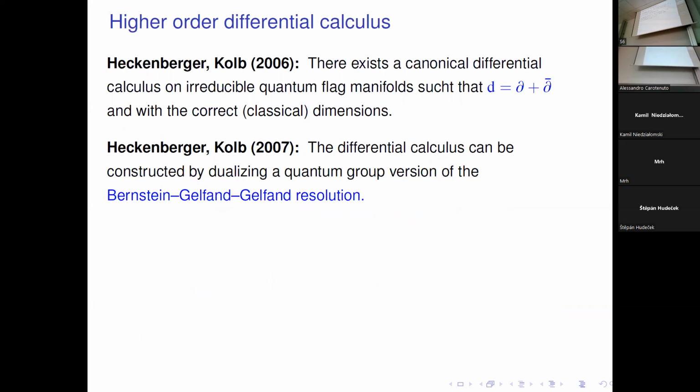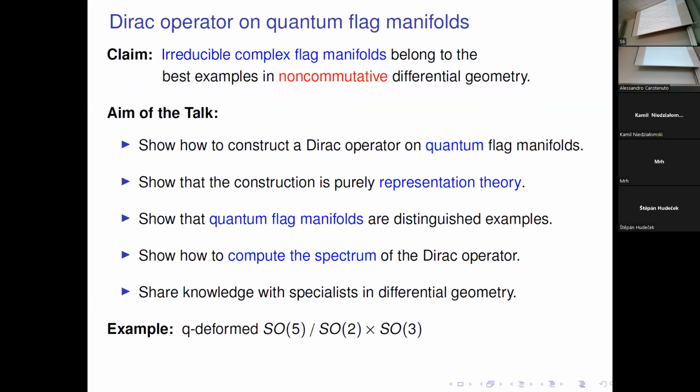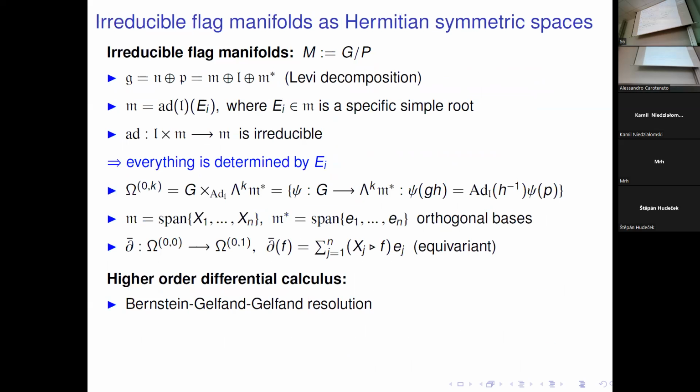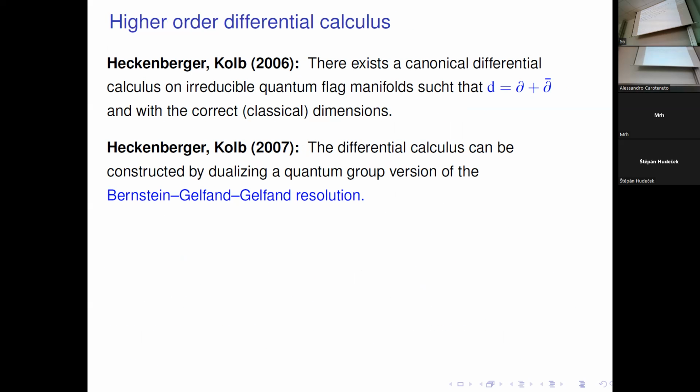So thanks to Heckenberg-Kolb, it's now more than 15 years. They show the existence, they show that these operators are unique, and they show that you have this higher order differential calculus, which has the classical dimension.